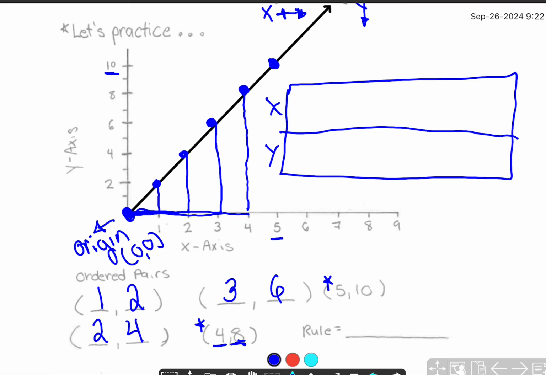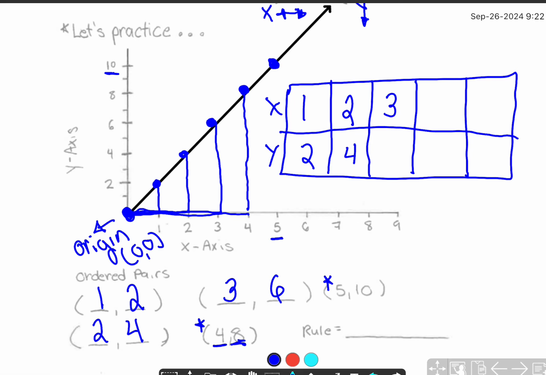We have 5 sets of numbers. The first x and y ordered pair is 1, 2. My next one is 2, 4. My next one is 3, 6. My next one is 4, 8. My next one is 5, 10.